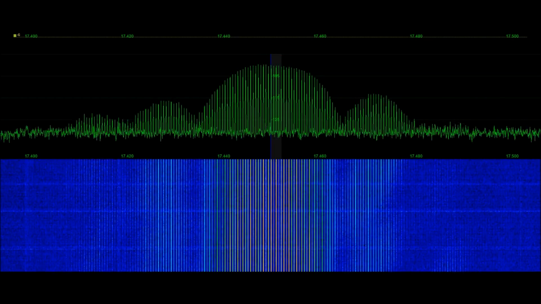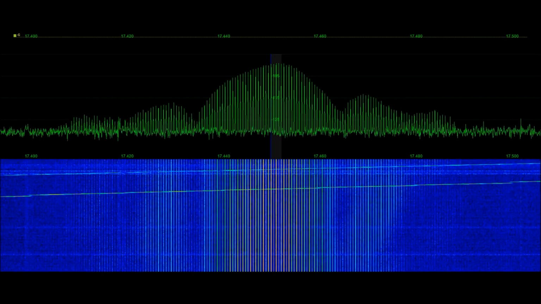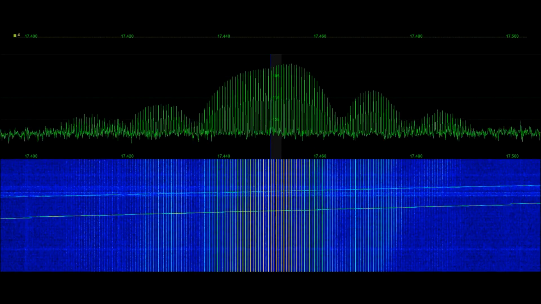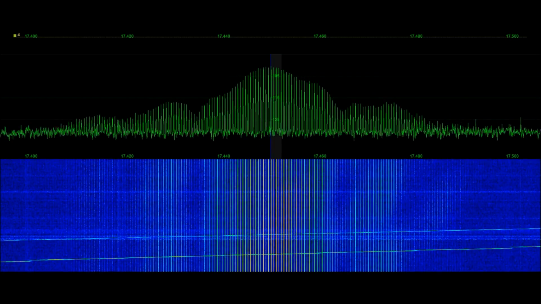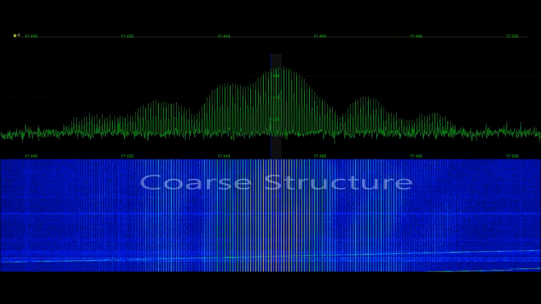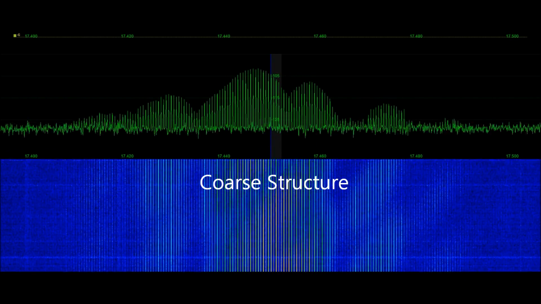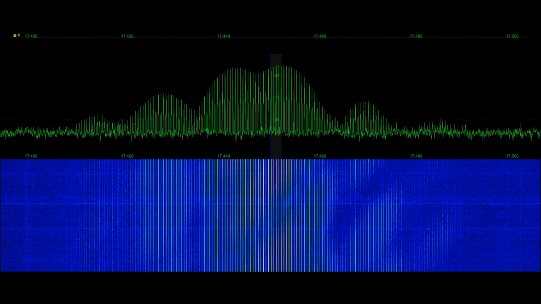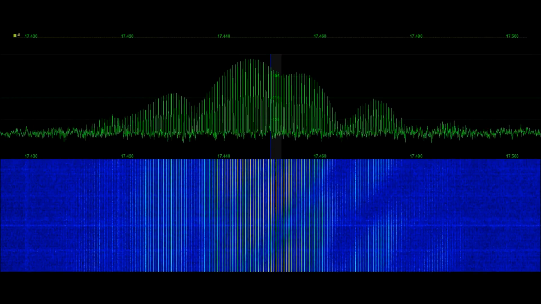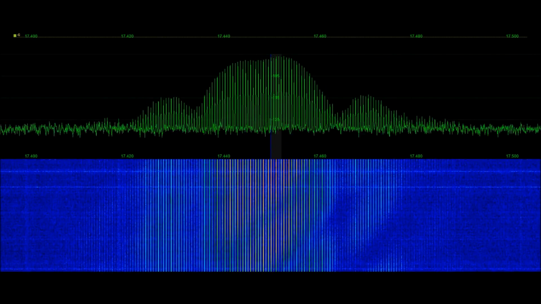Now, when this occurs, we are developing a couple different parts of the radar signature. You see the main lobe here in the center view is what would be described as the coarse structure. And then if we zoom into the radar signature and start looking at the individual carriers and how they're being developed, that would be considered the fine structure of the radar signature.